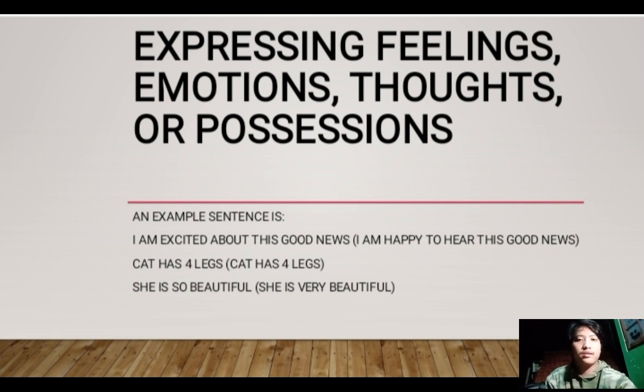Expressions of feelings, emotions, thoughts, or possessions. Examples: I am happy to hear this good news. A cat has four legs. She is very beautiful.